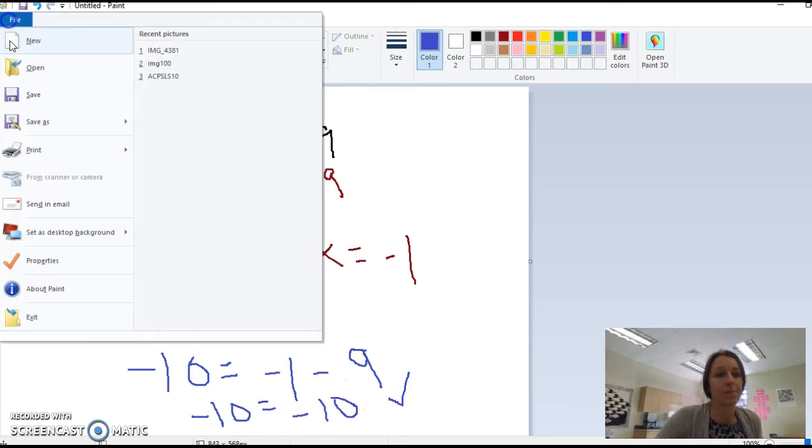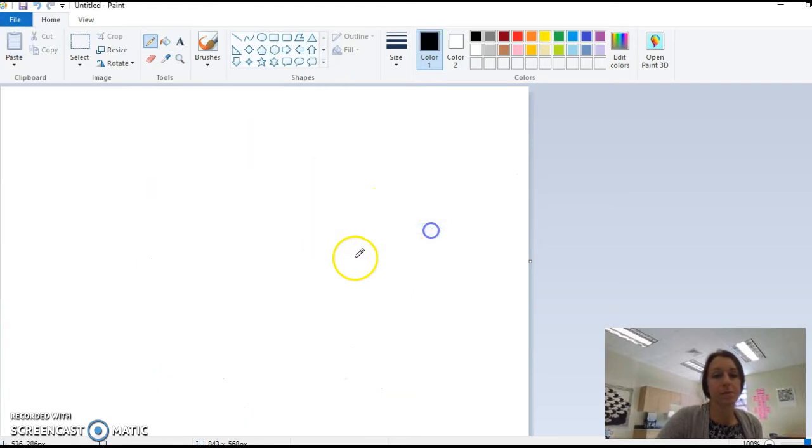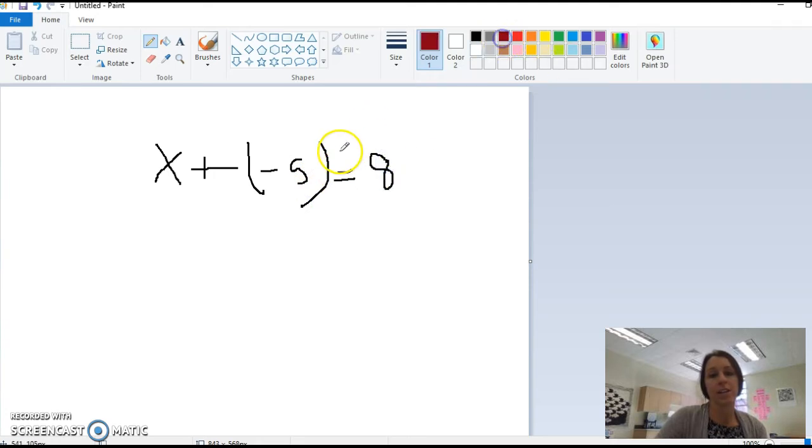And last but not least, x plus negative 5 equals 8. Draw your line down. So this is another tricky one because you see this plus sign here and you'll think, oh, I need a minus. But what's actually in front of the 5 is a negative. So it tells us that the only way to get rid of that negative 5 is with a positive 5, because you have to have opposites to make it cancel.